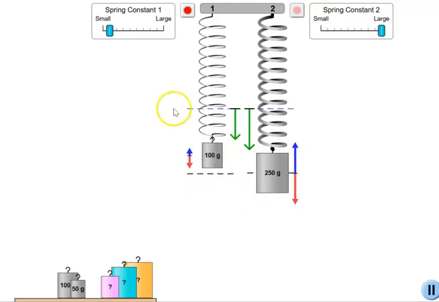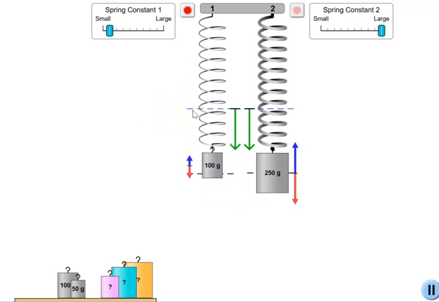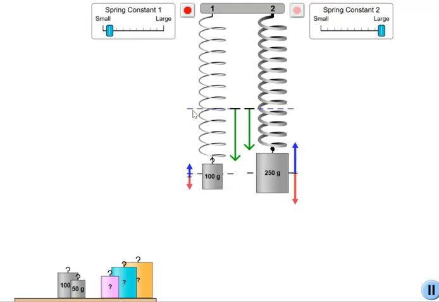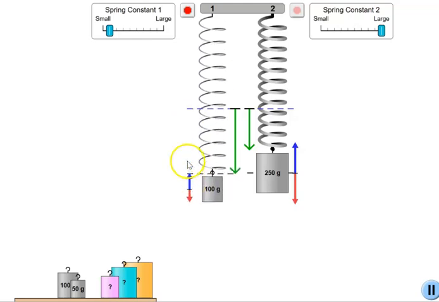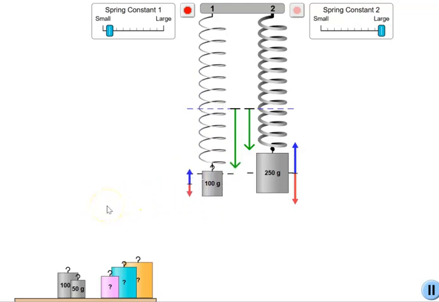The closer it is to its natural length, the smaller the force actually is, because as I said to you, the force is proportional to the distance that it has been displaced from its natural length. So in a sense, what we're interested in is the difference between its natural length and where it actually is. The weight is a constant. The red arrow you see there is not changing.